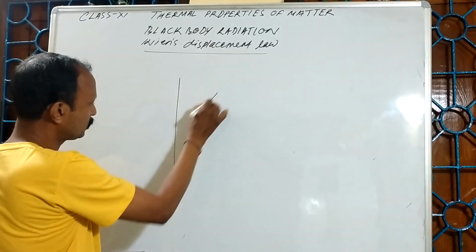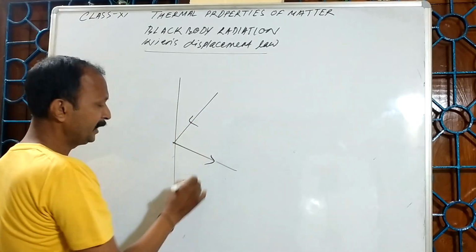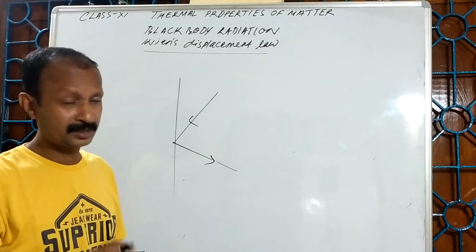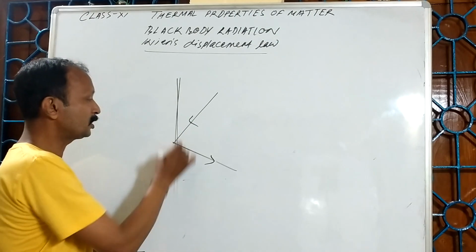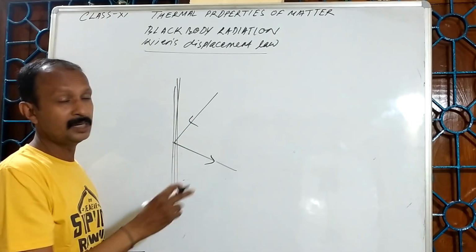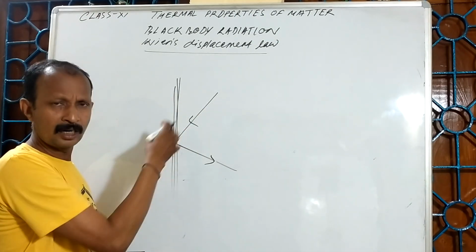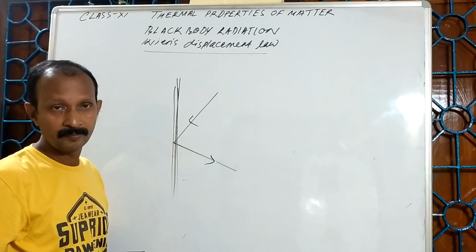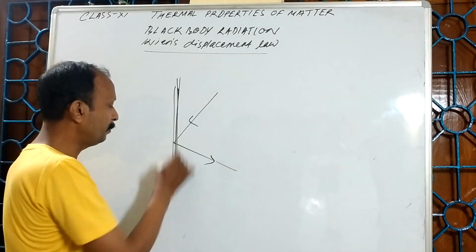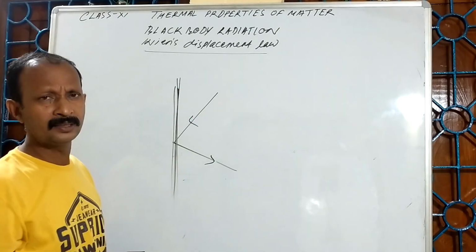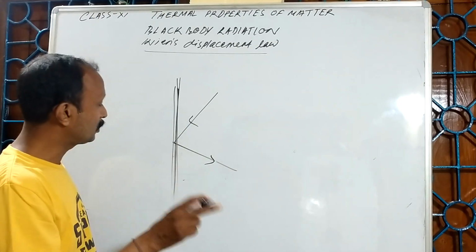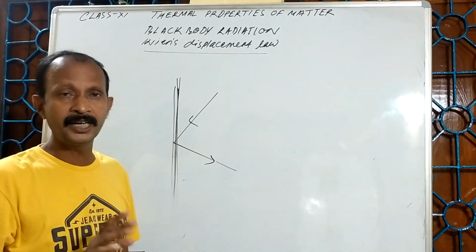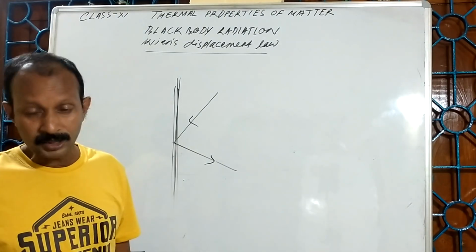The absorption and emission may take place simultaneously, it does not matter. When the temperature of the substance is less than the surrounding, the substance receives heat energy. When the temperature of the substance becomes more than the immediate surrounding, the substance starts to emit. Absorption and emission may take place at a time, there is no doubt.